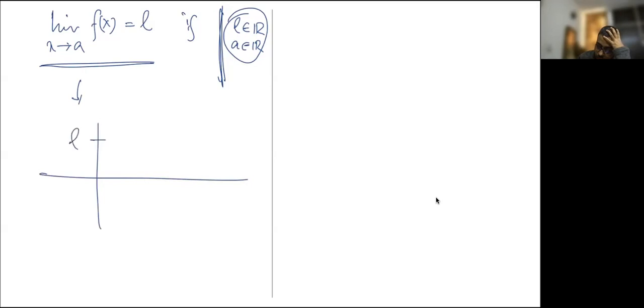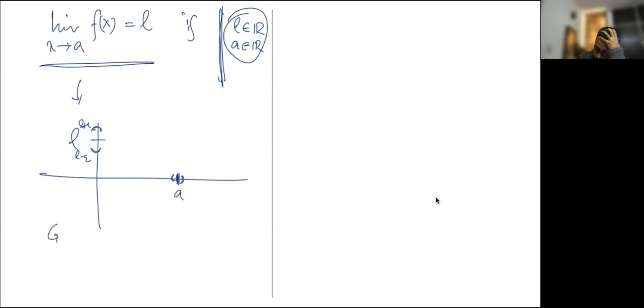L is this number, A is this point here. Given any neighborhood of L, okay, so for the case of sequences, it was a neighborhood of plus infinity. Here it is the point A that is of interest for us. So given a neighborhood of L, there should exist a neighborhood of A, but neighborhoods of A look a little different from neighborhoods of plus infinity. So there will be a difference.